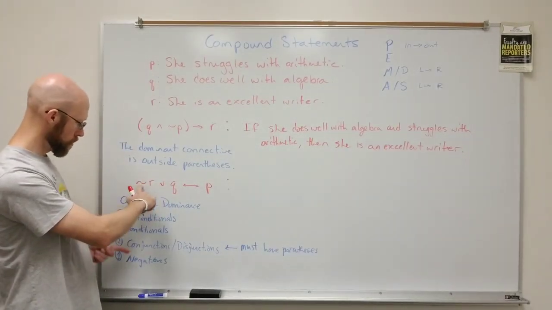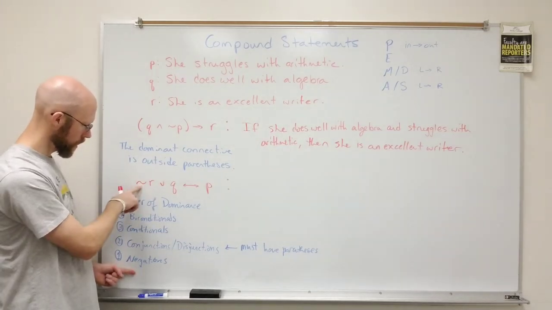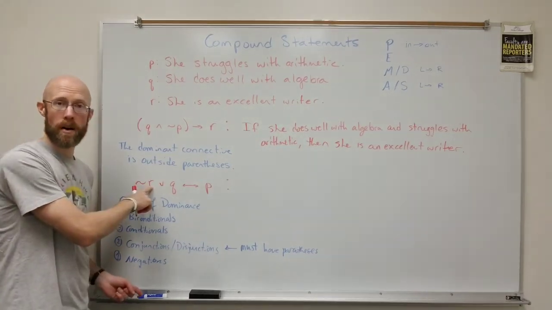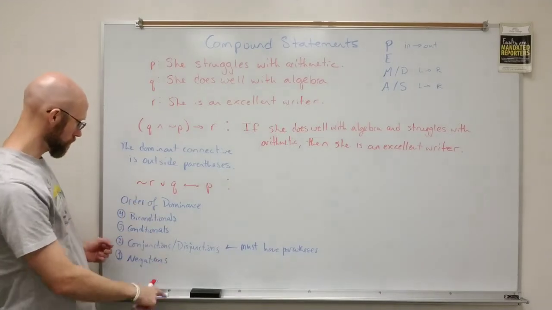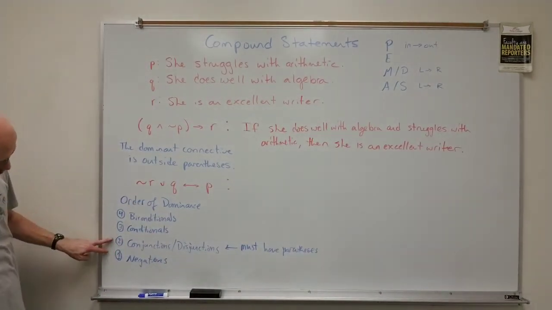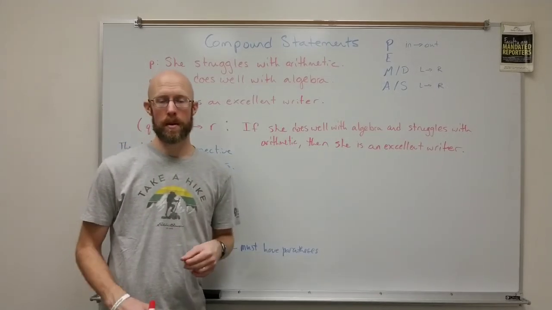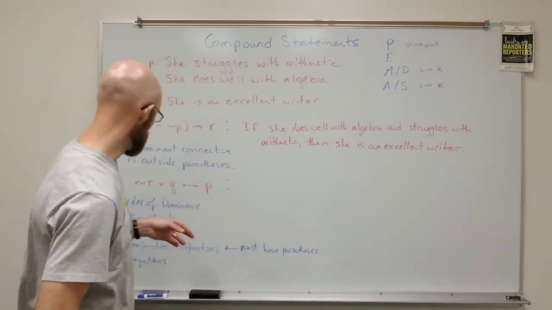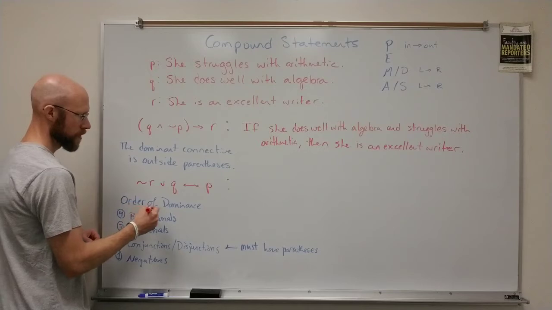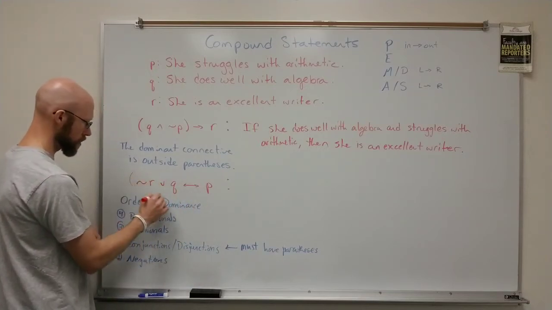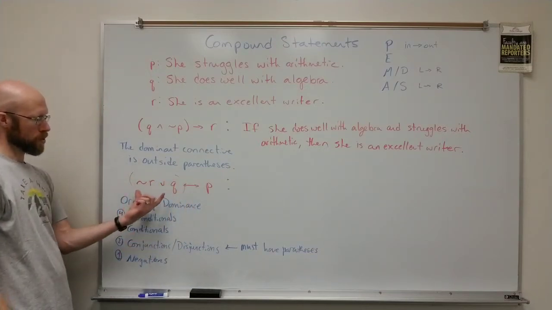The not being the least dominant will only apply to R. If these two were switched in dominance, then the not would apply to the whole or statement, which we don't want here. So the not applies to the R. This is equivalent to having parentheses around that portion there.